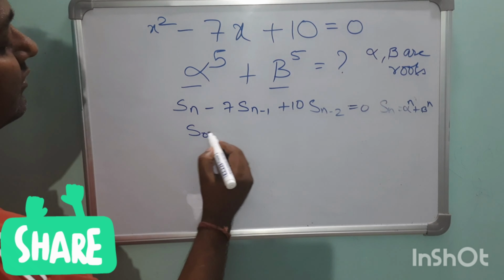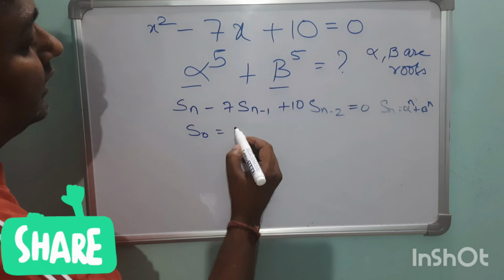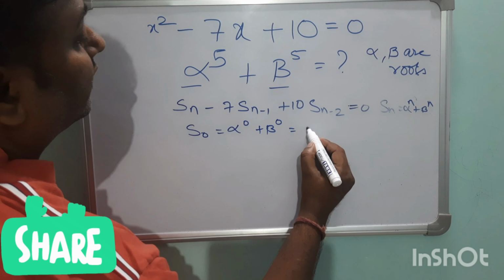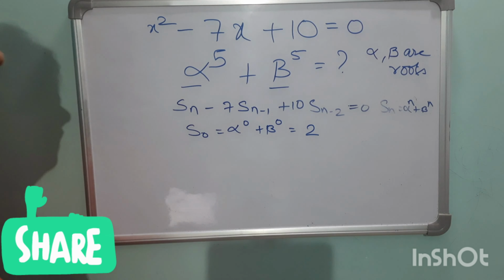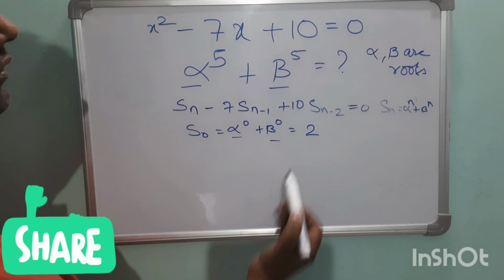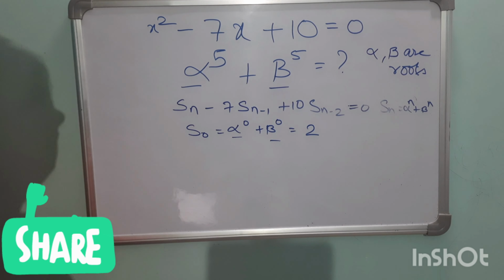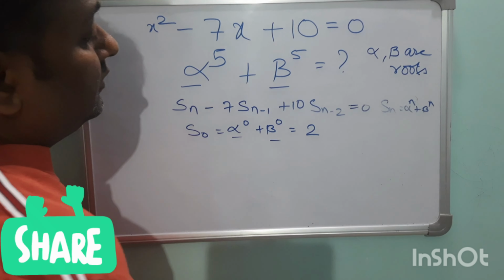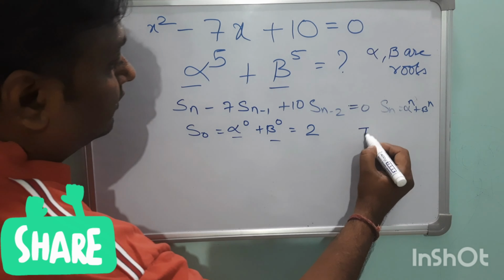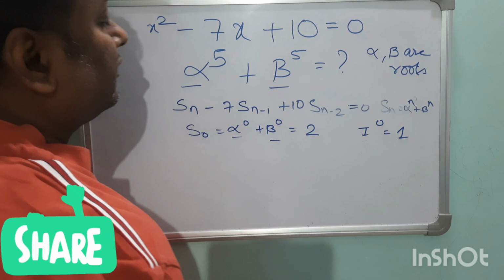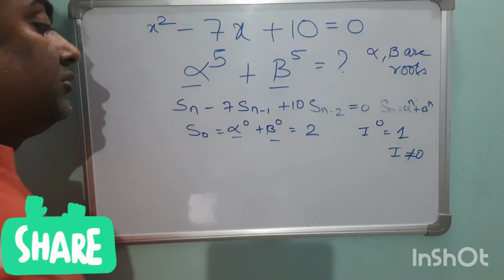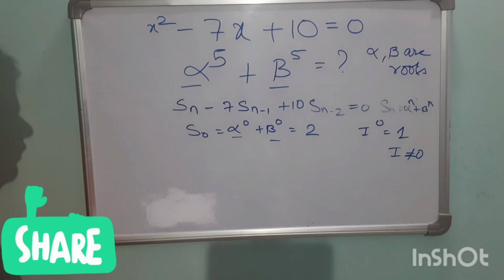And what will be S0 here? According to it, alpha 0 plus beta 0, and this will give us 2, because these are the roots and any number raised to power 0, other than 0, equals 1. So this will become 2.